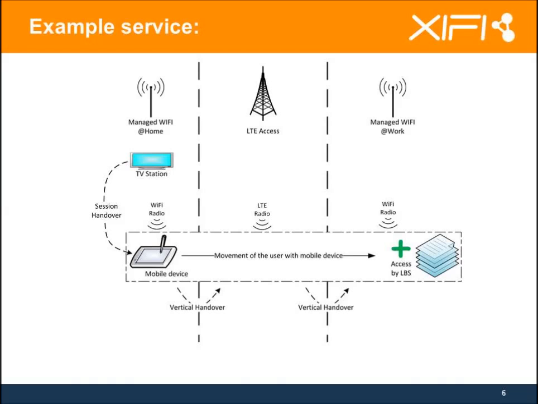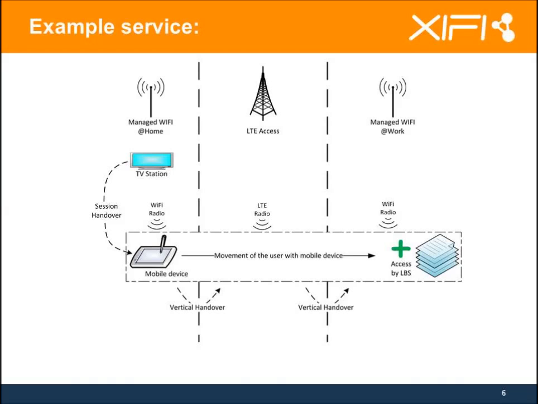And the first thing that happens is that the ongoing video call is transferred to his mobile device as he makes his way to his office. And this is a session handover on the left-hand side. So the video call is going on the mobile device, and then as he makes his way to the office, the first vertical handover happens as he leaves his home environment with his local Wi-Fi and gets automatically connected to the LTE public environment, and then is still connected, so there's no interruption.